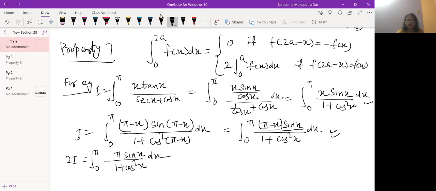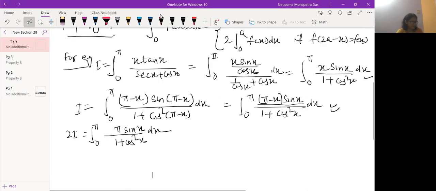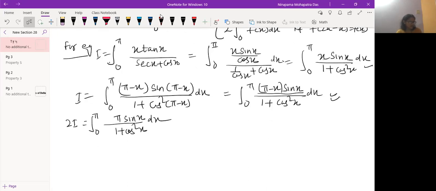So towards the end, 2I equals this, which is pi times integral 0 to pi of sin x dx divided by 1 plus cos square x. I can put cos x equal to t and get it easily also, right?